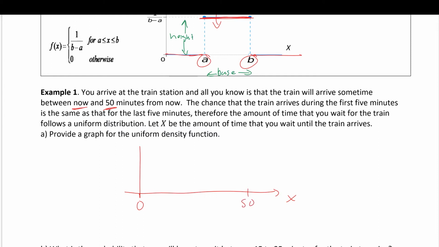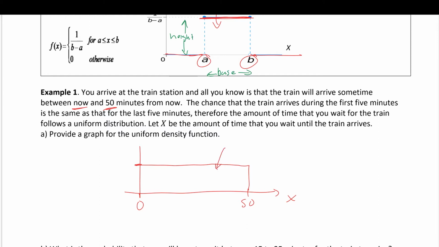And we know that it's a uniform probability of arriving anytime between now and 50. Now, for this to be a uniform distribution, the area underneath this curve has to be 1. So really, by design, we have to figure out what value we have to put for the height here.